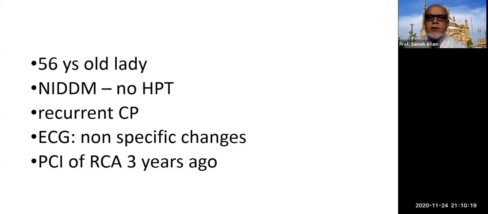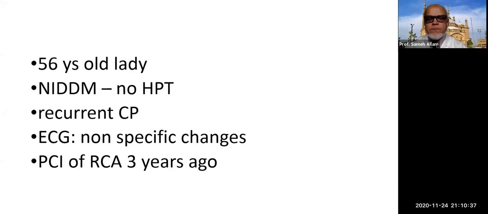I asked her to get a multi-slice CT scan first before going to coronary angiography because I was not convinced very much with the pain. Multi-slice showed a mild atheroma in the proximal LAD that is not causing significant obstruction.